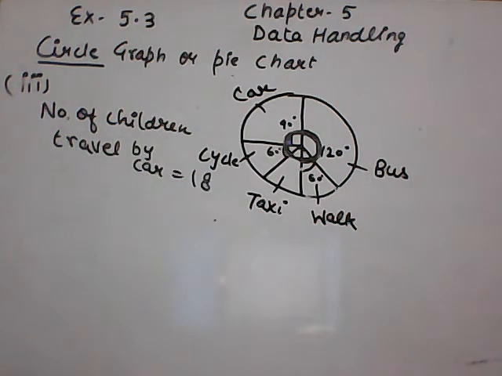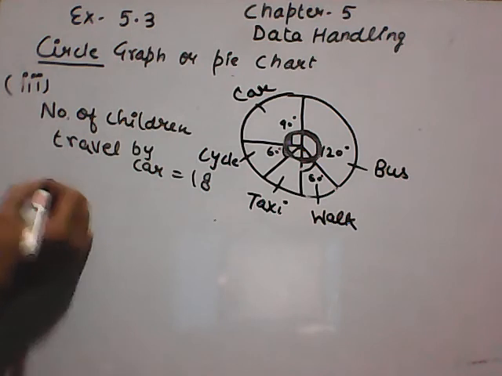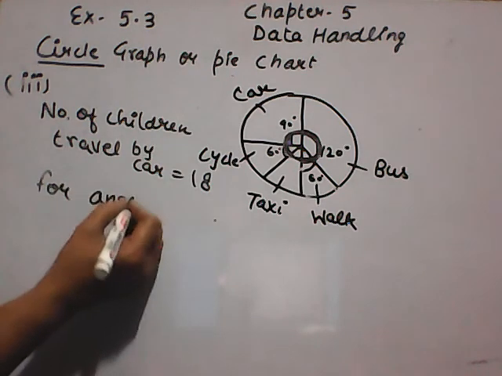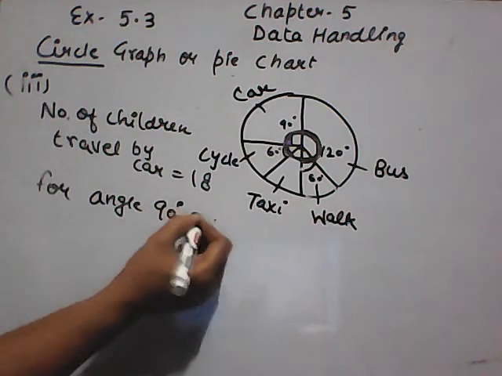You have to find the number of children who took part in the survey. For central angle 90 degrees, the number of children is 18.